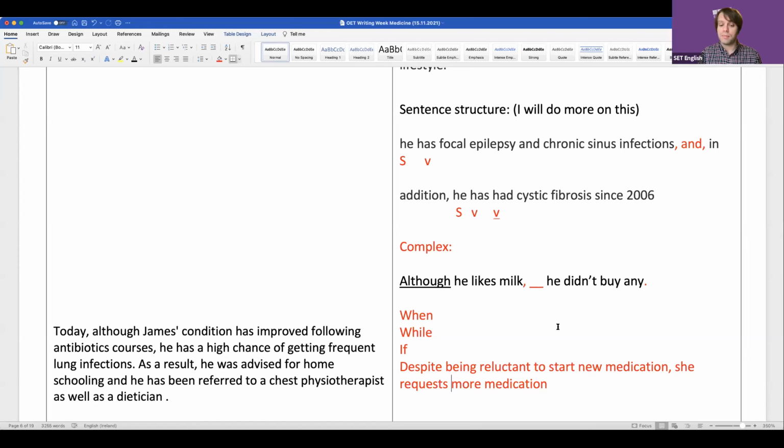Like she will start tomorrow, right? That's the future. I could use present perfect even probably. Despite being reluctant to start medication, she has listened to some online lectures about it, right? You can use any tense you want, more or less, but it has to make sense, right?